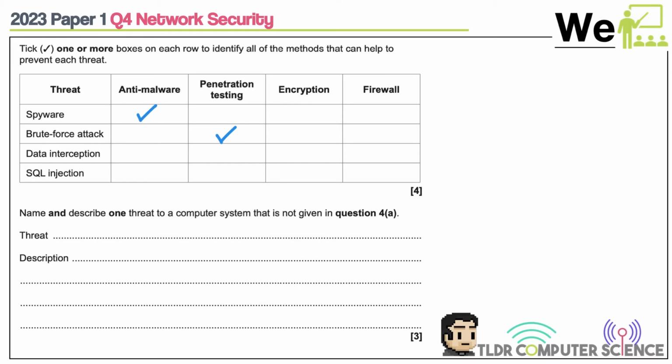Encryption, I guess, could work in the sense that after somebody gained access, they can get security. Although, of course, a lot of times your password is associated with your encryption key, your cipher key, so it's probably not going to work in this case. But a firewall could be searching for people trying to gain access.